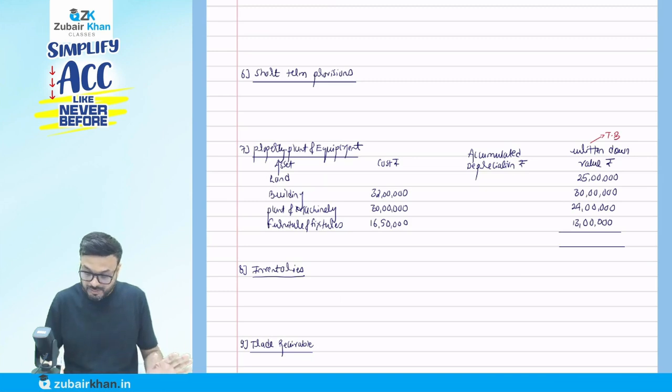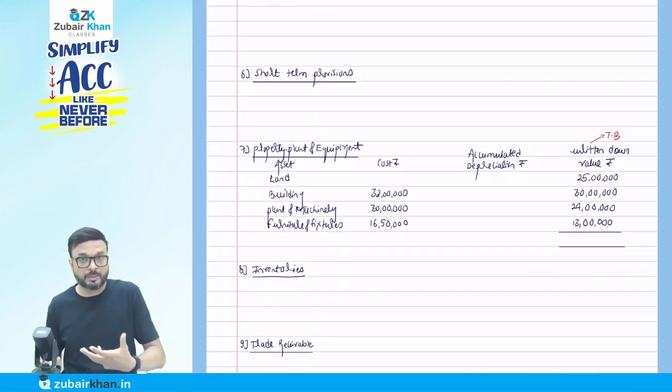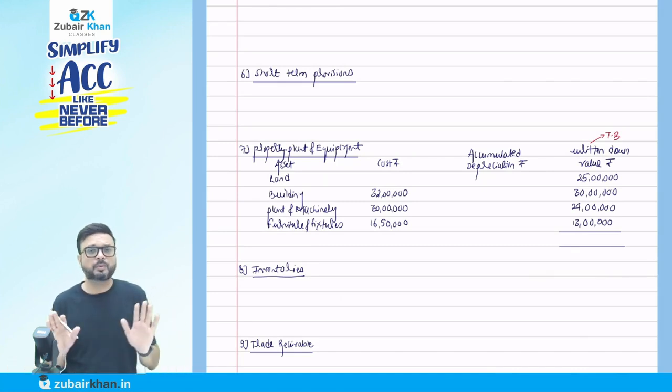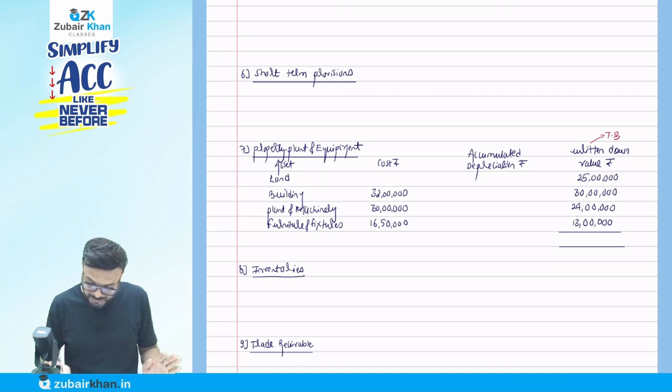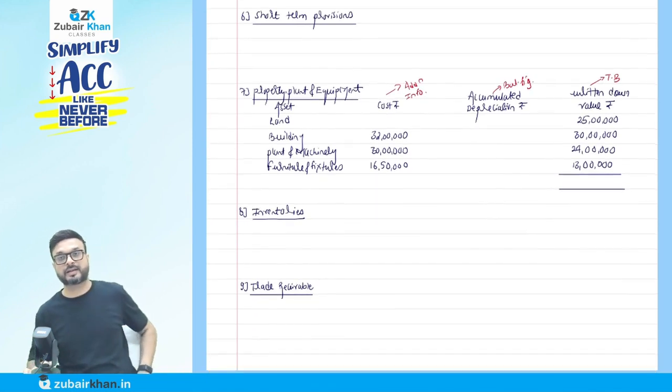These costs and accumulated depreciation are just for information purposes, so that the users of financial statements get more information. This is given in additional information. And this is the balancing figure.